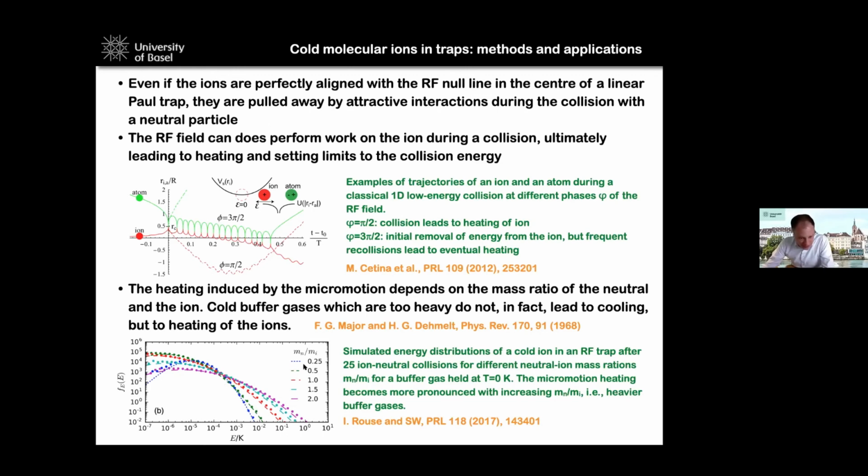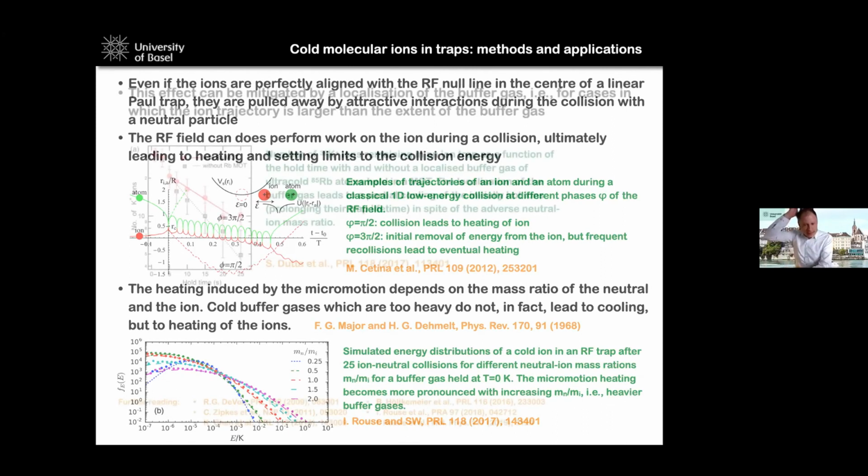One can see that as a function of the neutral to ion mass ratio, the distribution gets ever broader after these 25 collisions. So the heavier the neutral compared to the ion, the broader the energy distribution of the ion gets after these collisions, even if we start with very cold ions and very cold atoms. And the reason is just this coupling of micromotion energy into the secular motion of the ion.